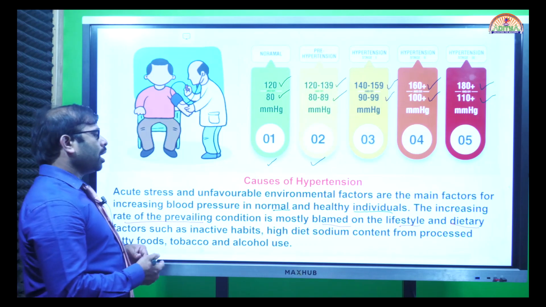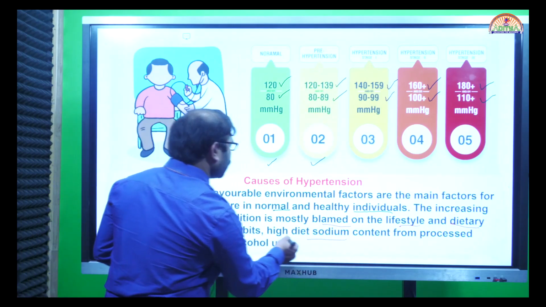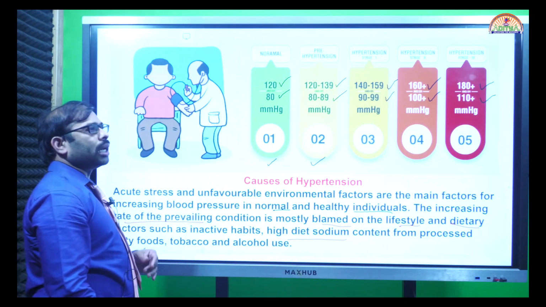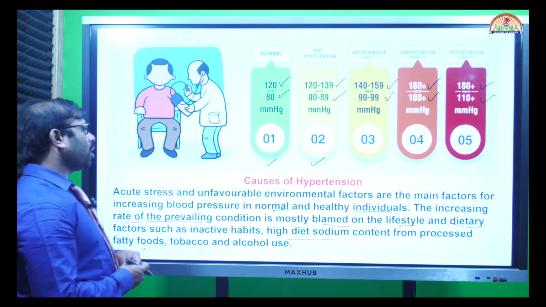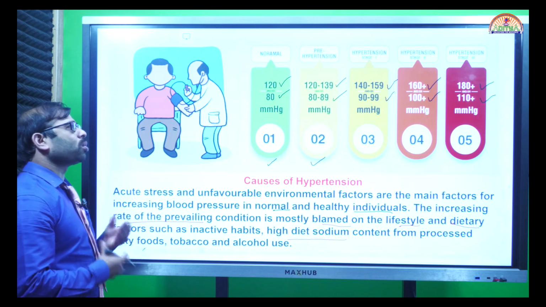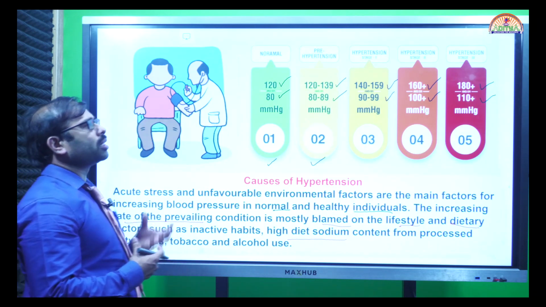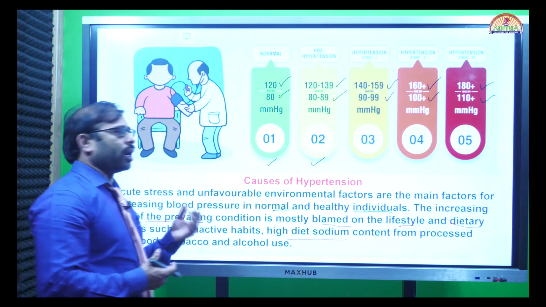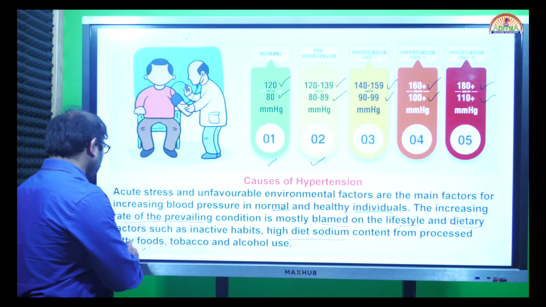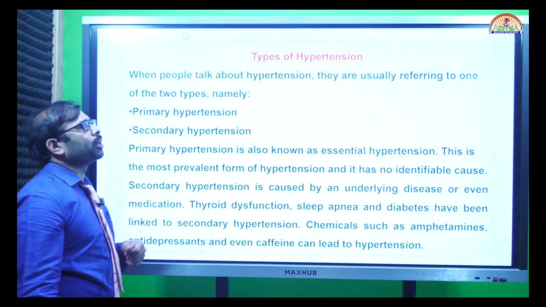When you take a high-sodium diet from processed foods or fatty foods, and with alcohol and tobacco use, it also leads to the condition called hypertension or high BP. Now, how many types of hypertension are there?